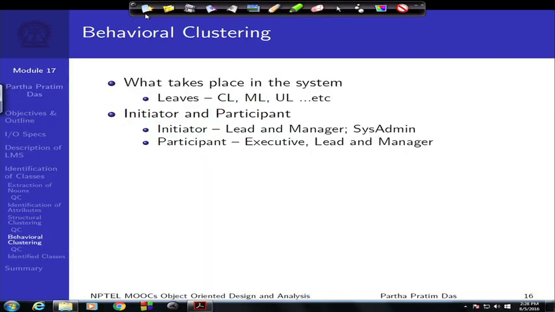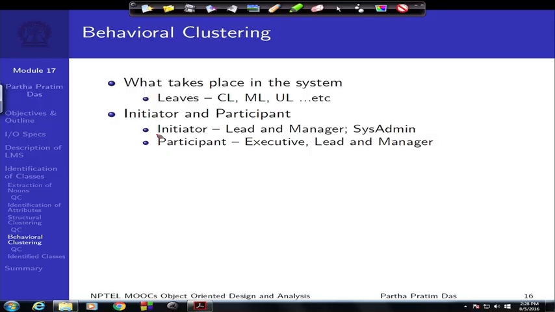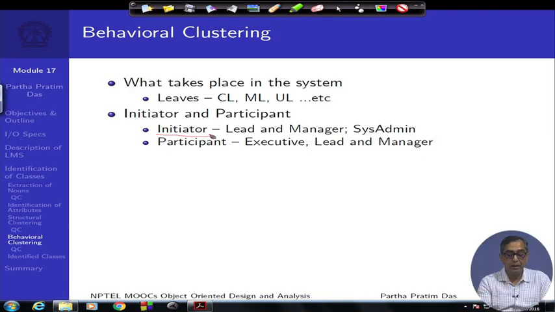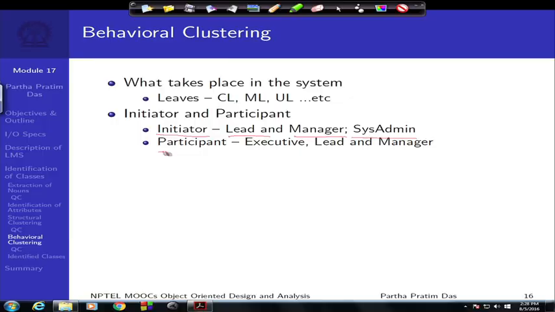If you go through the specification again with these expectations, you will find very well defined initiators like lead, manager, sysadmin, who are frequently talking about doing something in the system. An initiator is who does something in the system, who is responsible for starting some activity or action in the system.